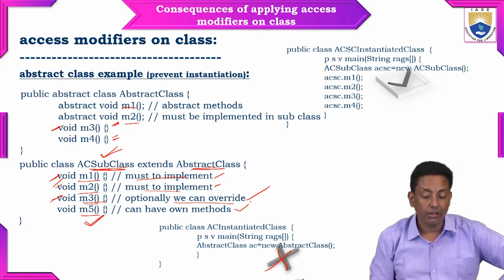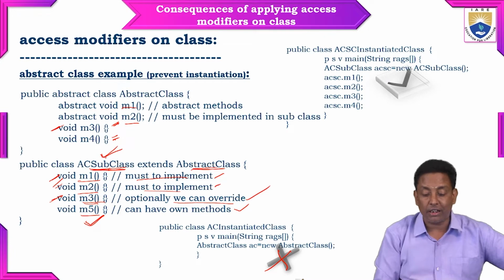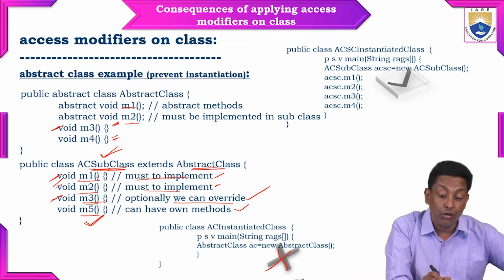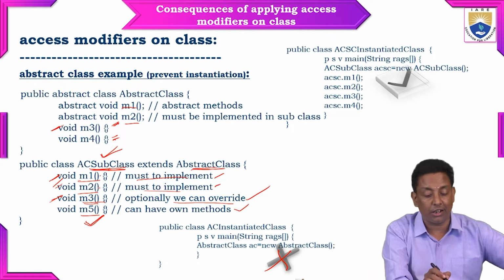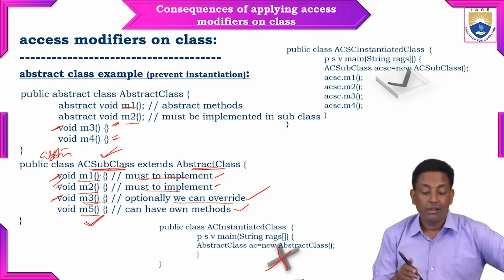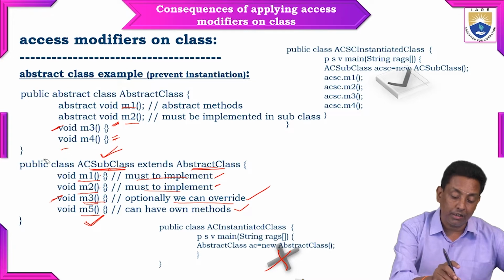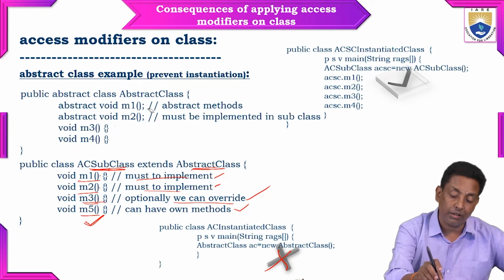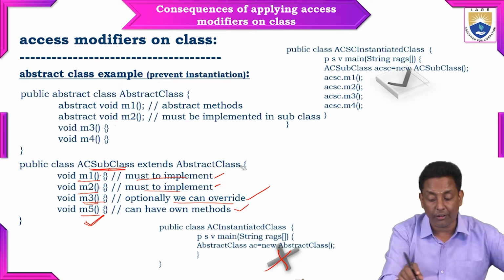Now, can the subclass be instantiated? Yes. Be careful, because if you don't implement M1 and M2, your class also becomes abstract. Because M1 and M2 are implemented, if you compile this class, it will be compiled without giving any error.